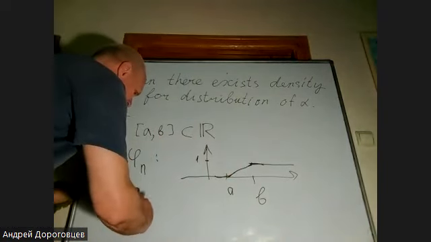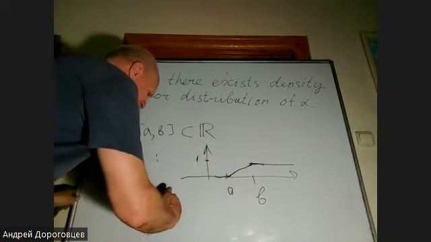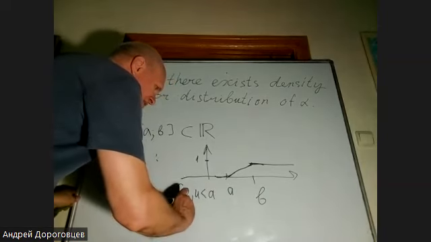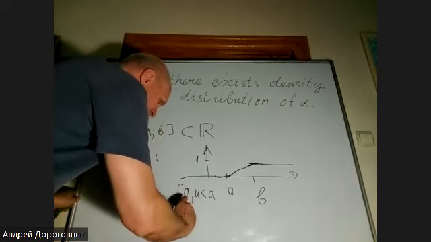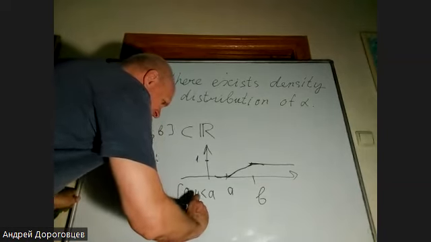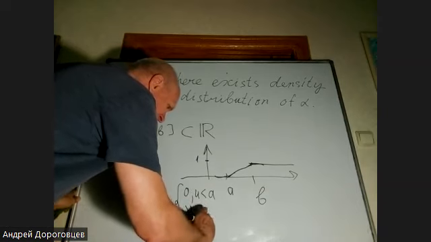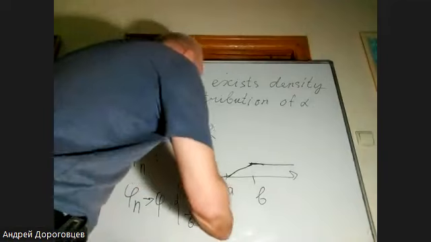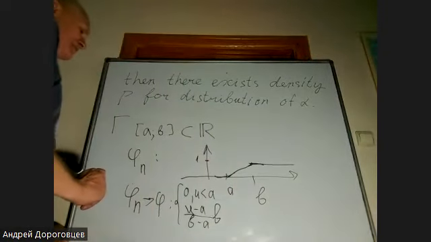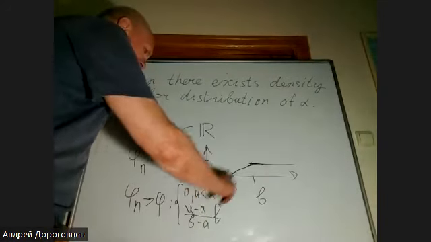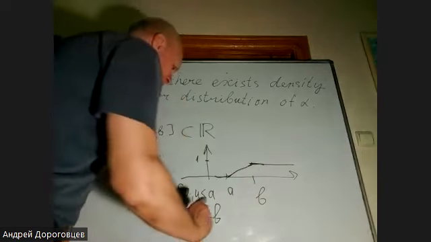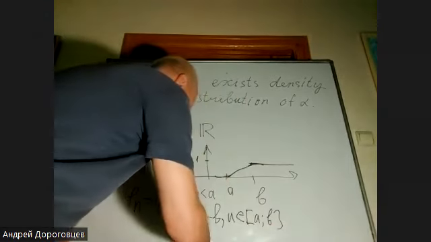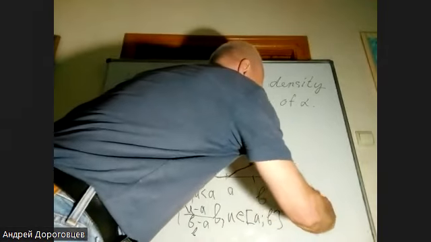Phi n converges to the function p, which is equal to 0 when u is less than a. Here it is u minus a divided by b minus a, multiplied by b, when u is from a to b, and then it is equal to b when u is greater than b.